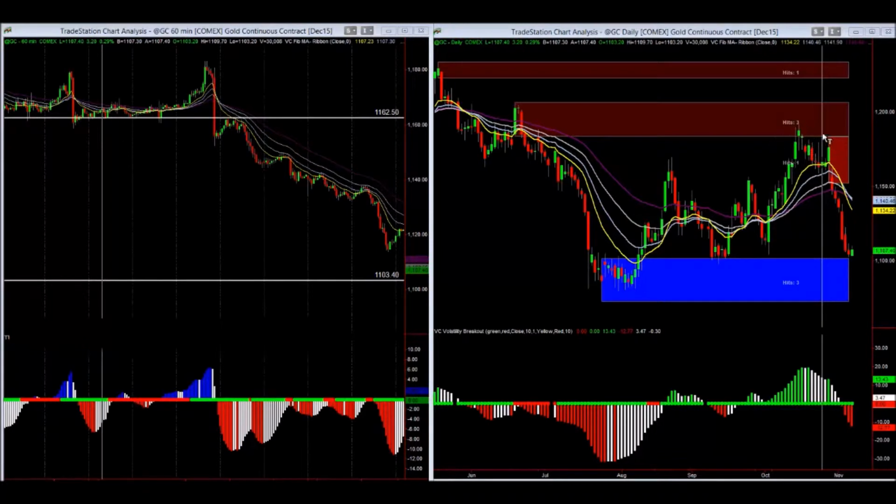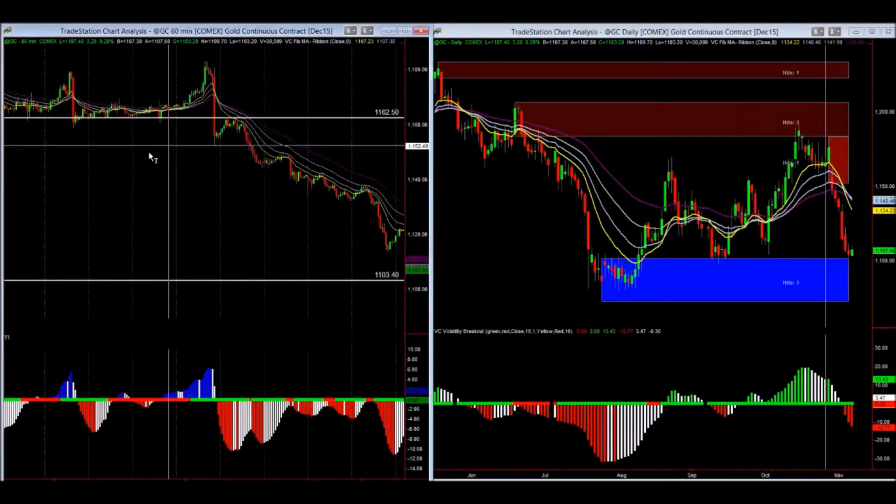So this is gold, and this is the past about 2 weeks of gold here. And we can see that it came up into this zone here, and this is this area here on the hourly chart. I'll show you with my cursor here.